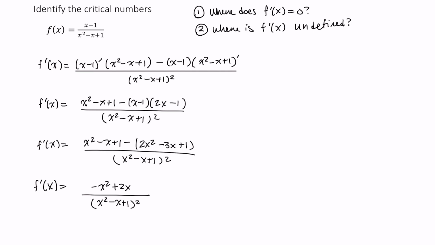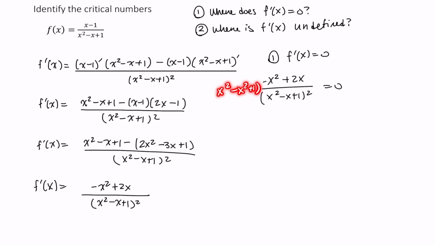So now when we look at a quotient, so a rational function, and we want to see where it's equal to 0, as we do in this case, so that's negative x squared plus 2x divided by x squared minus x plus 1 quantity squared, we really only need to look at the numerator, because our first step here is going to be to multiply both sides by the denominator.